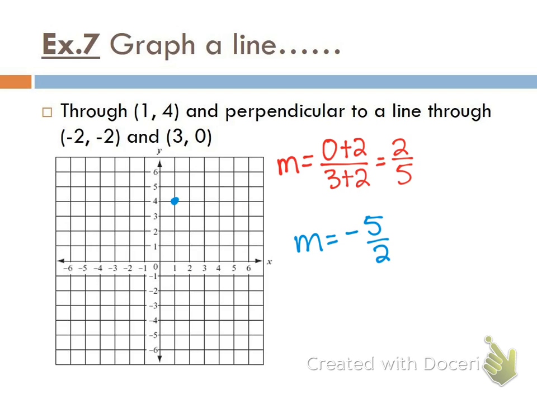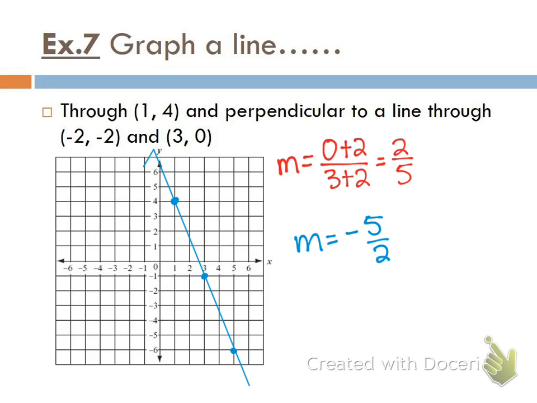Down 5, right 2. Could probably do that again. Down 5, right 2. If I had room, instead of going down and to the right, where else could I go? Up and to the left would be my other option. That's not going to fit on this one, so I'm good with what we've got.